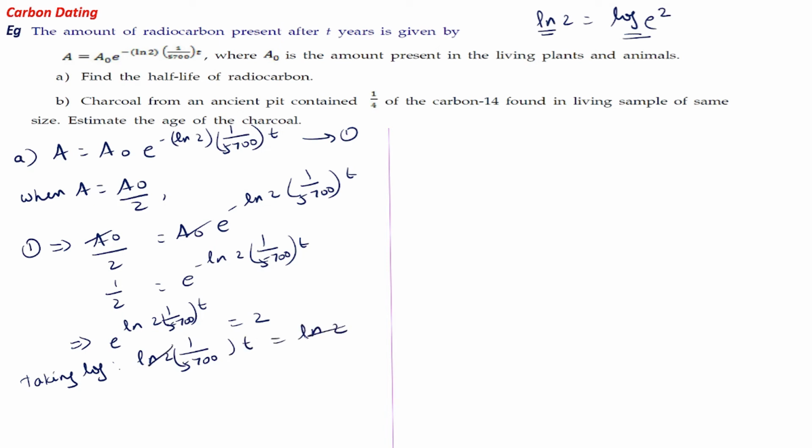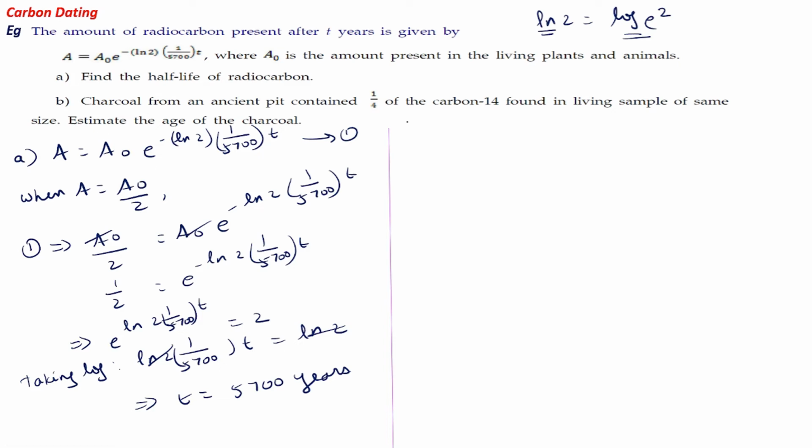Now these two will go. From this we get t is equal to 5700 years. So the half-life of radiocarbon is 5700 years. So it takes 5700 years to become half its original size.